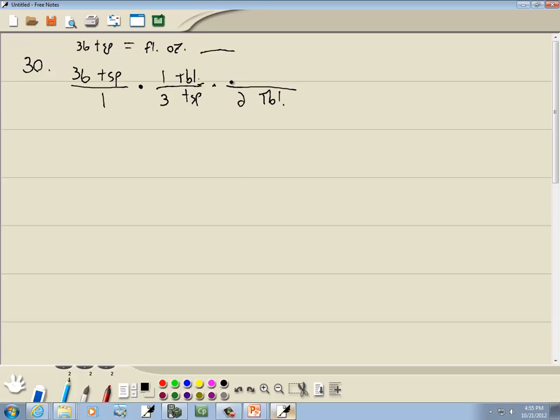So 2 tablespoons and 1 fluid ounce. Teaspoons cancel, tablespoons cancel. 36 times 1 times 1 is 36. 1 times 3 is 3, times 2 is 6. And 36 divided by 6 gives us 6 fluid ounces.